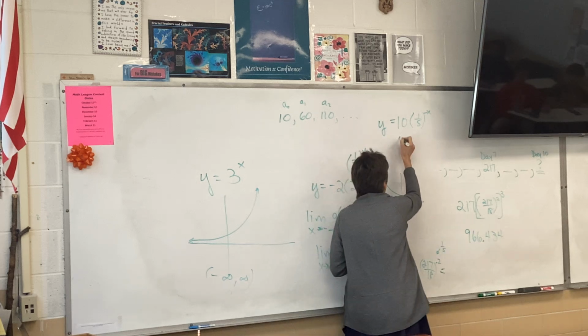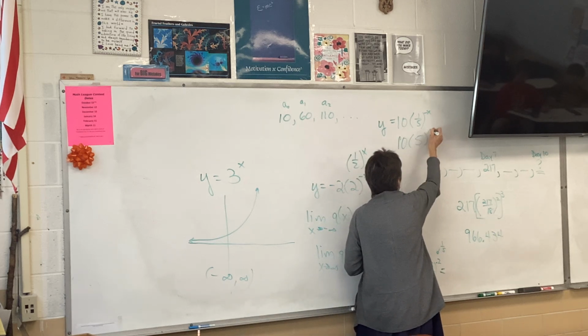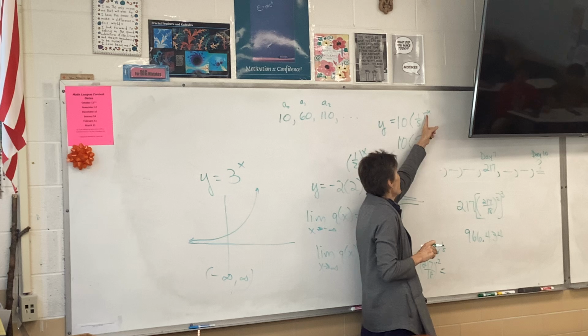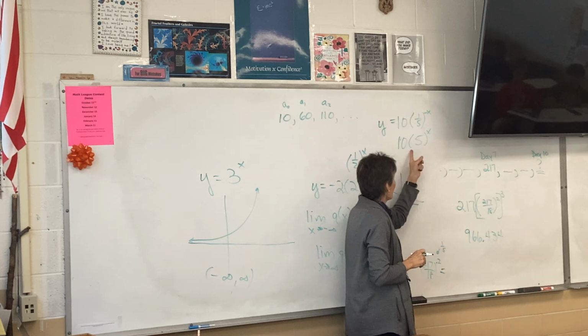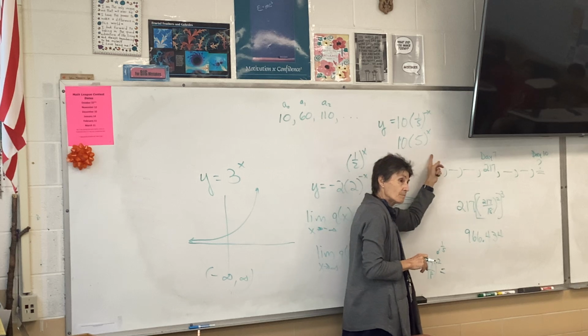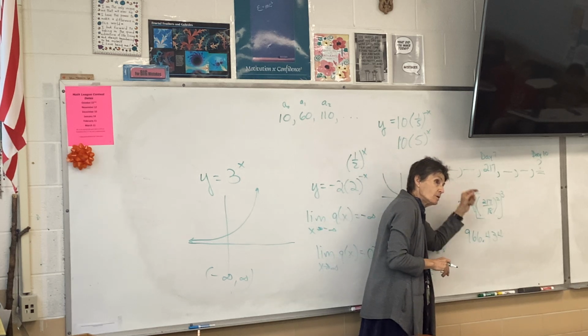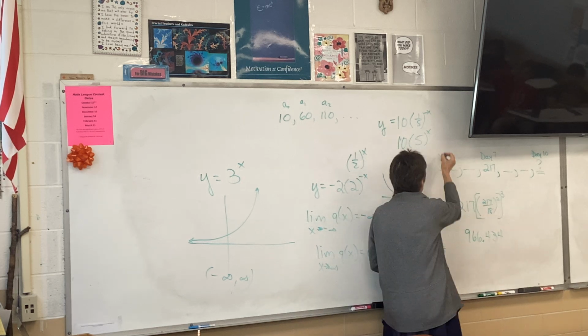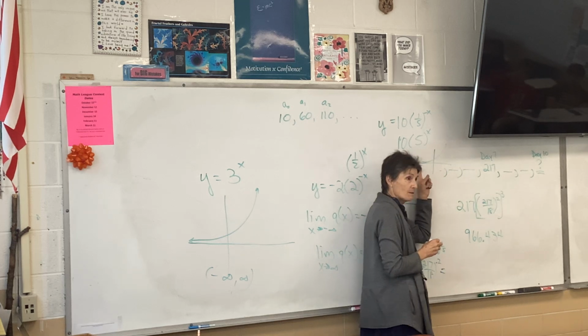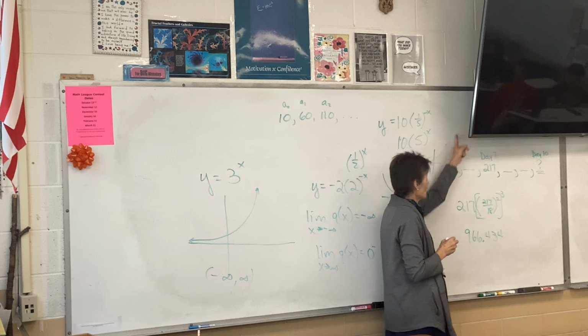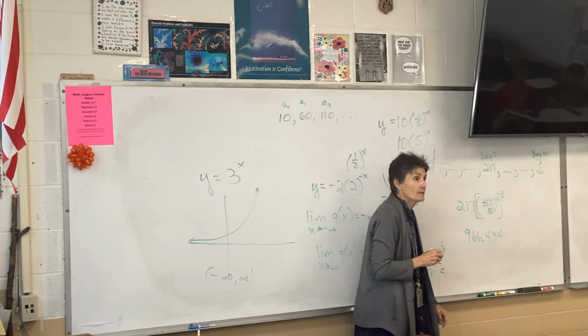So this would become 5 to the x, because a negative exponent flips your fraction, right? So what's that? That's exponential growth. Yeah, so that's going to look like this. So on the left, it's 0 from the top, and on the right, it is infinity.